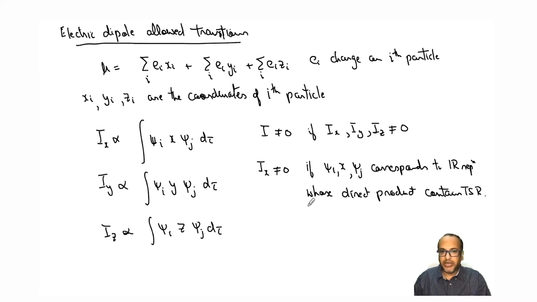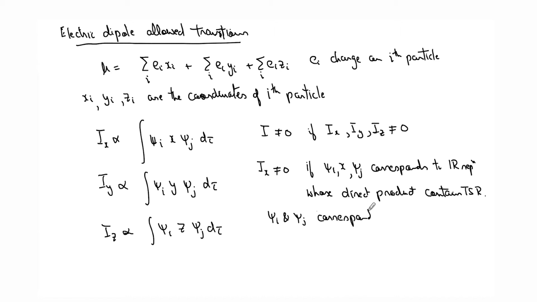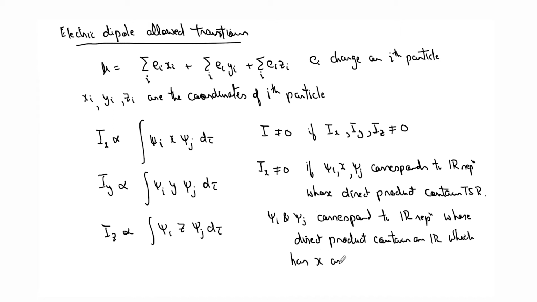So we can reduce this condition to: if psi i and psi j correspond to IR representations whose direct product contains an IR which has x as the basis.